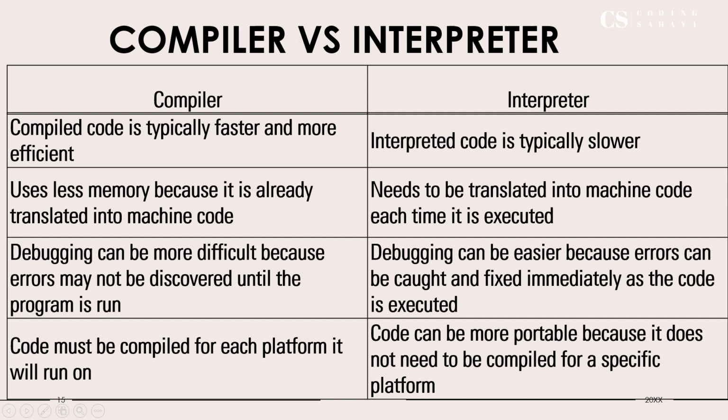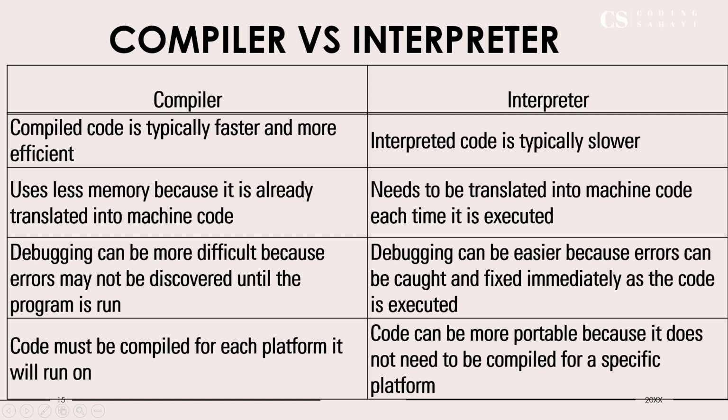So in the case of a compiler, the code must be compiled on each platform. That is, on each platform, the code must be compiled again and again, because for every platform the compiler is different. So in the case of an interpreter, code can be more portable because it does not need to be compiled. Every time it is interpreting.